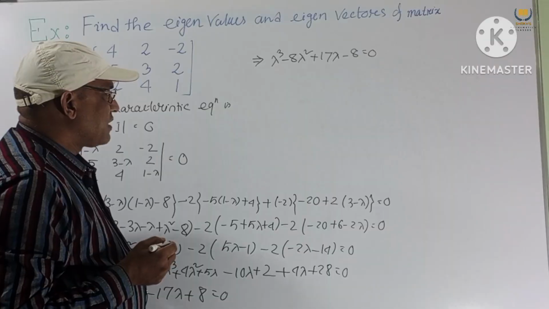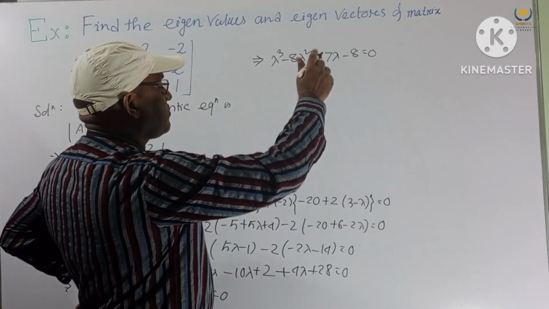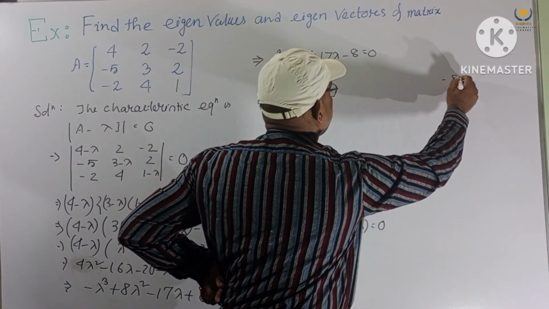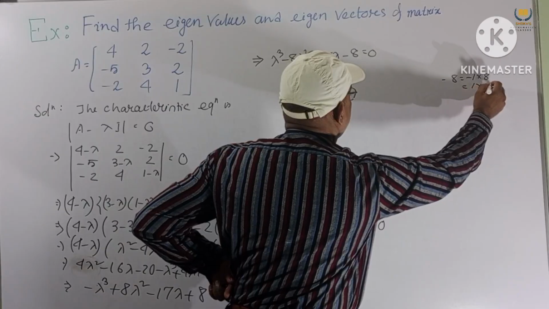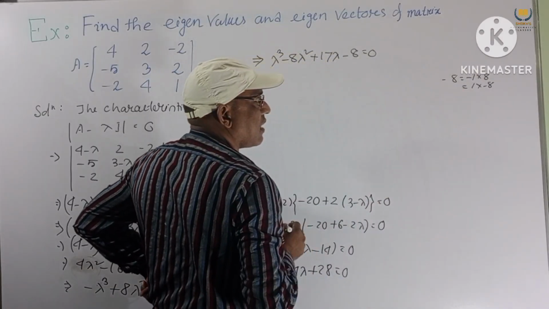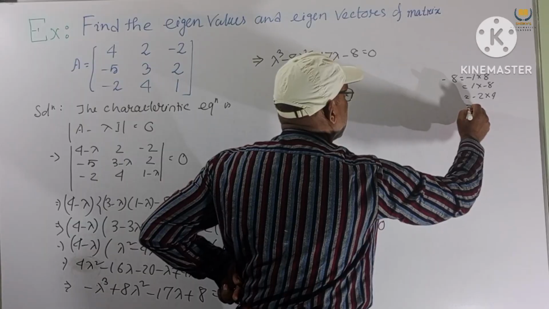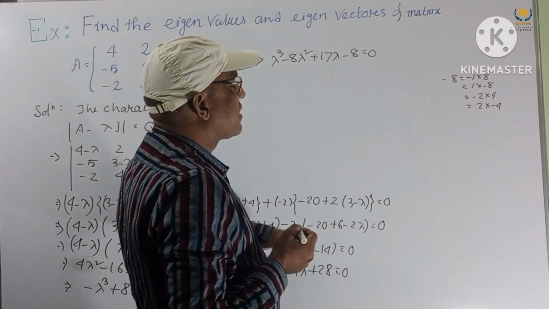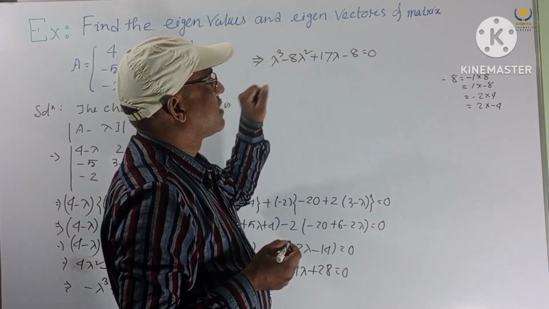So first we use the factor theorem. The last number is minus 8. Minus 8 we can write as minus 1 into 8, 1 into minus 8, or minus 2 into 4, 2 into minus 4. We put these values one by one to see where we get 0.